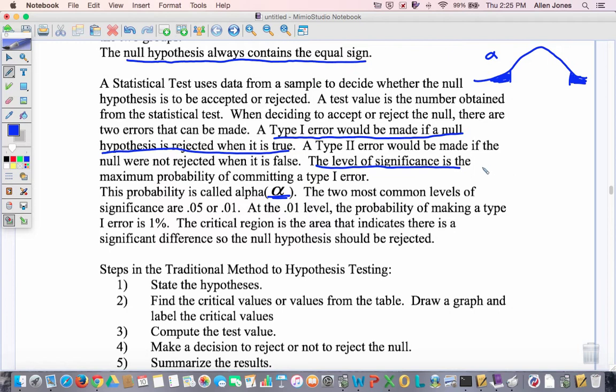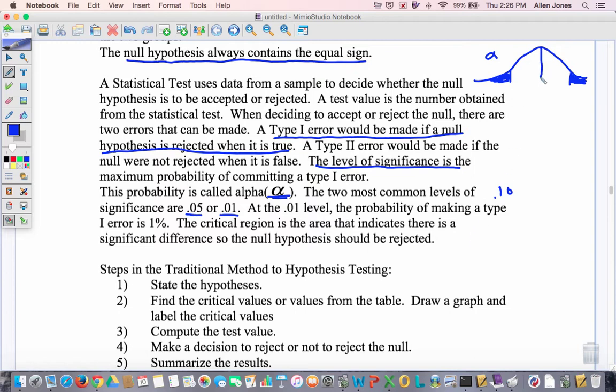Much like in chapter 7 we talked about a 95% confidence interval. There's a 95% chance we're correct, which means there's a 5% chance that we're going to make a mistake. So that's what our level of significance is. A couple of common ones that we'll see a lot of in our problems are 0.01 and 0.05. We also might have a few 10% ones or 0.10. That's going to vary from problem to problem, but those are some of our common levels of significance.